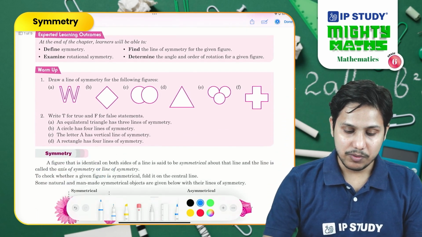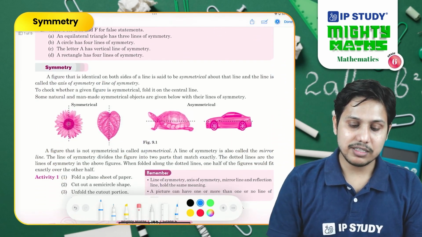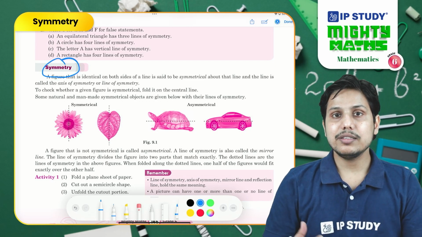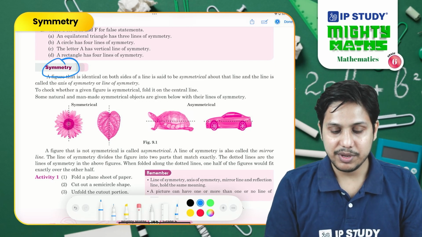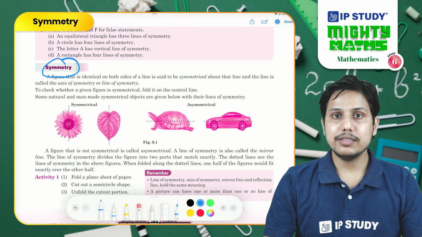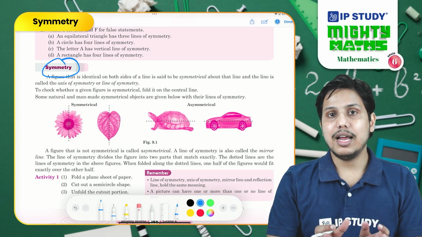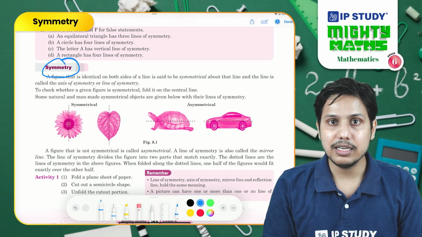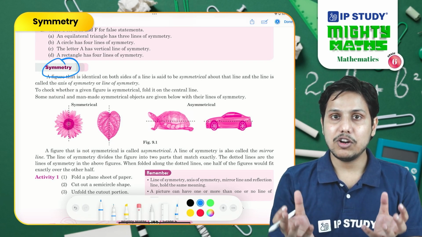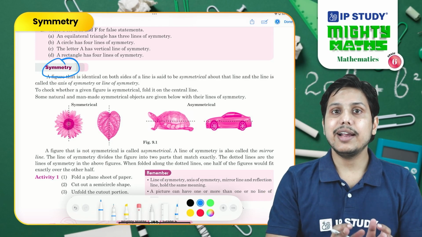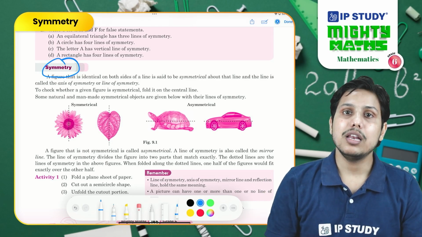Now students, first of all, let's start with the first topic, that is symmetry. What is the meaning of symmetry? Symmetry means when a figure is divided into two equal halves such that the two halves are identical, then we can say that that object or that figure possesses symmetry, and the line dividing those two halves is called the line of symmetry.